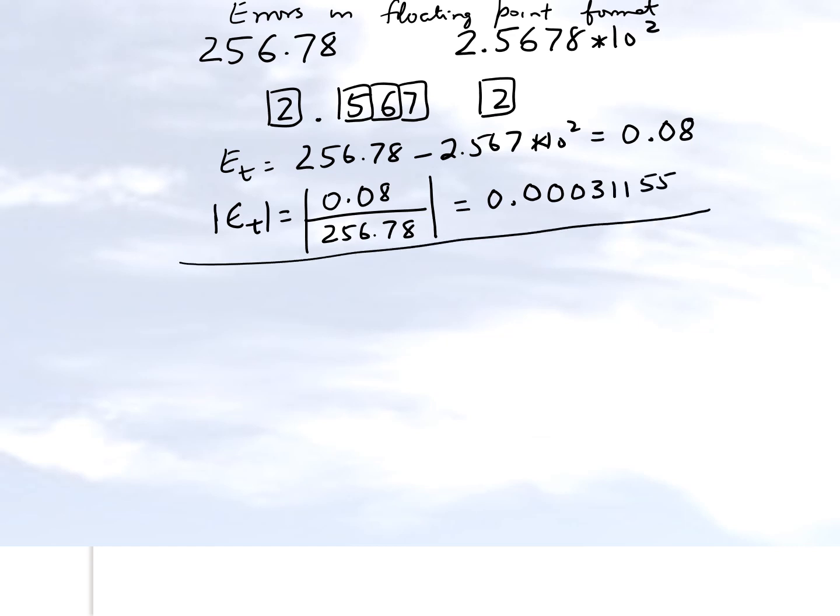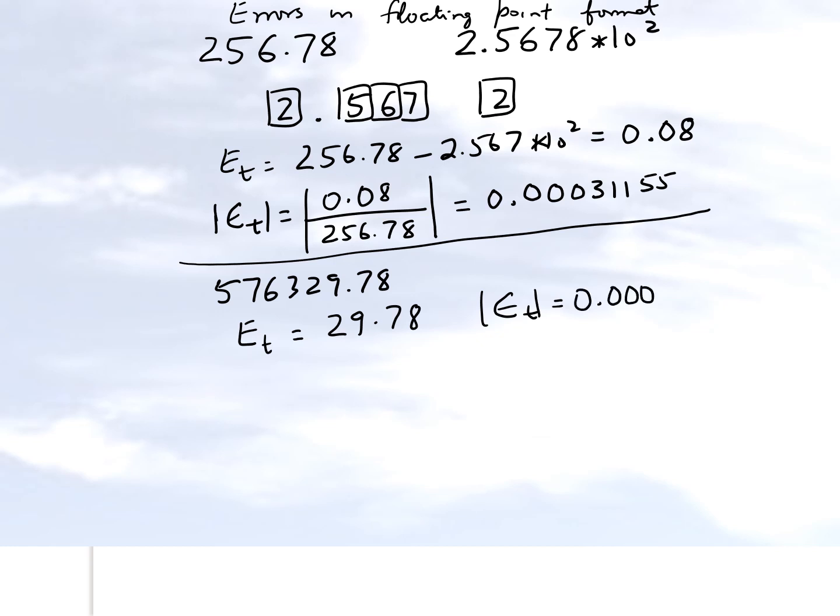If you repeat the same process for a number like 576,329.78 and see what kind of true error you get, you'll get a true error of 29.78, and you will get a relative true error of 0.00051672.